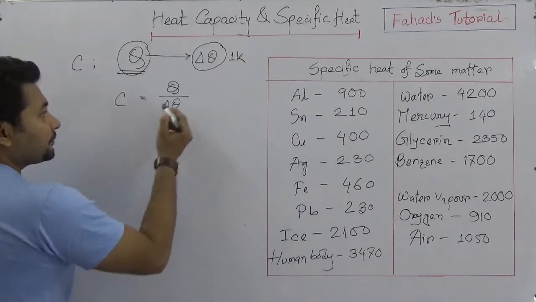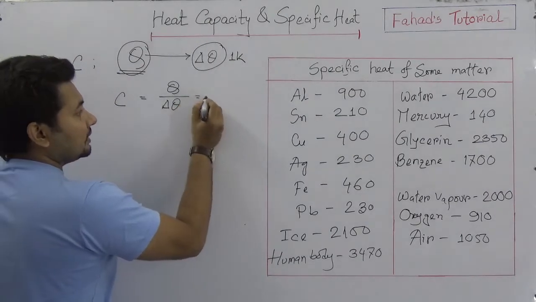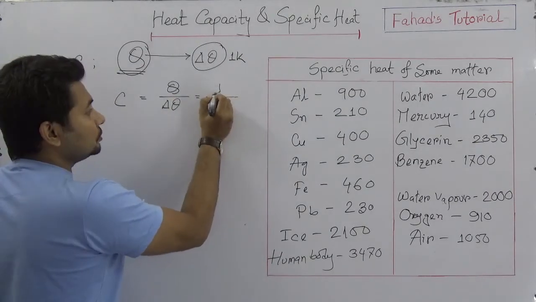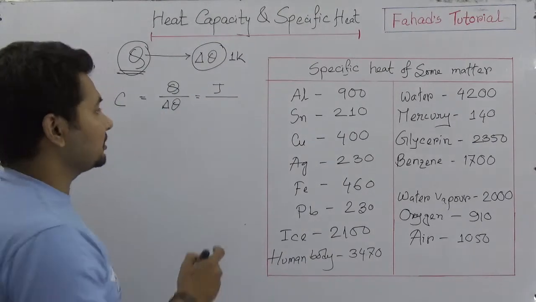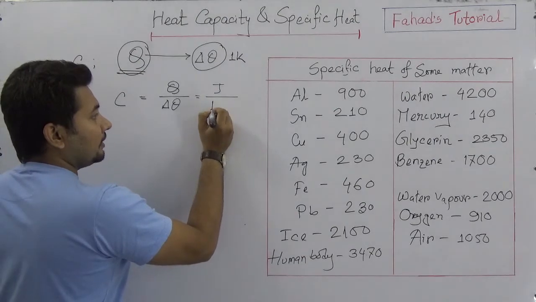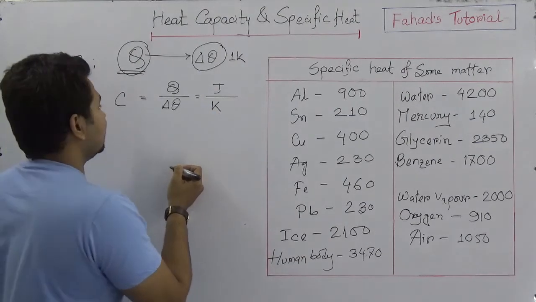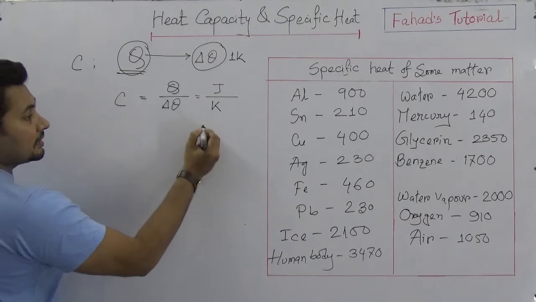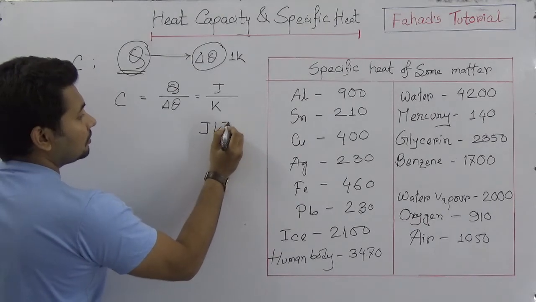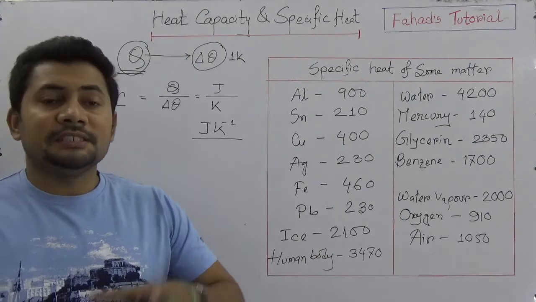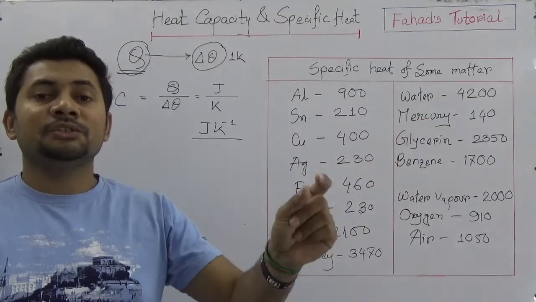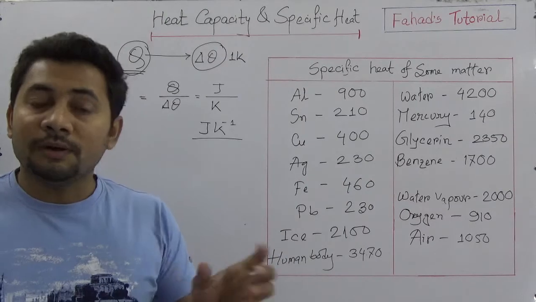The unit of heat is joule, and the unit of temperature is Kelvin. So the unit of heat capacity is joule per Kelvin. If we say the heat capacity of something is 500 joule per Kelvin, what does it mean?